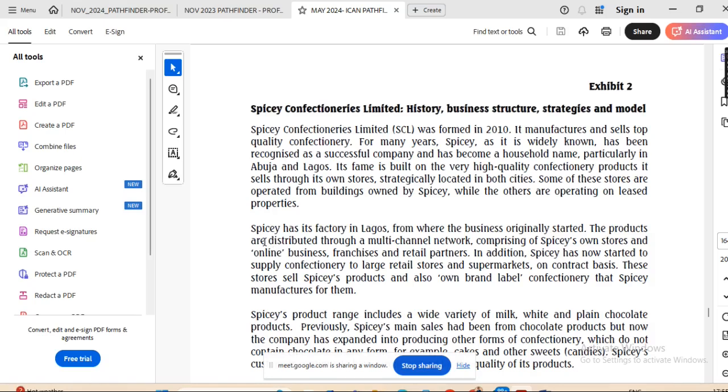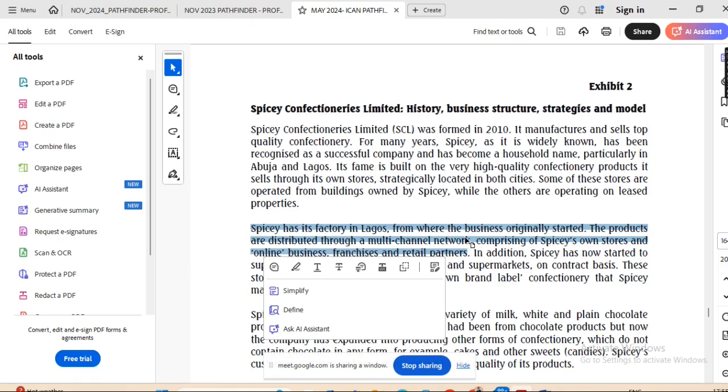The products are distributed through a multiple channel network comprising of Spicy owned stores and online business franchises and retail partners, which means that the way they distribute, in order for them to reduce cost, right?